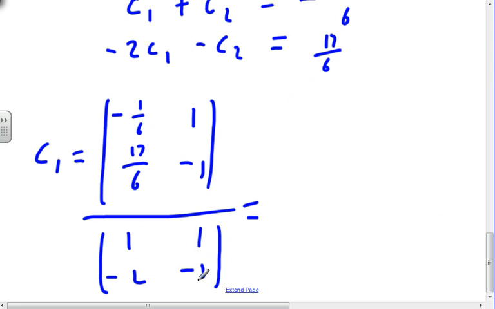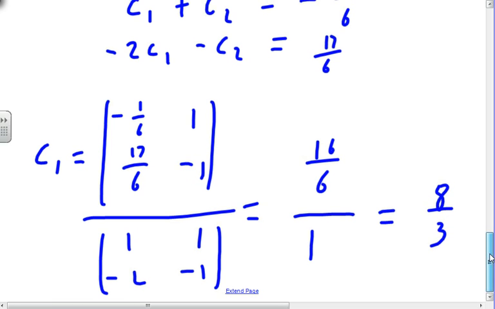Okay, so I got minus 1, minus a minus 2, so I got a 1 on the bottom. I got a minus a 6, I got 1/6, minus 17/6, which would be 16/6, which would be 8/3.